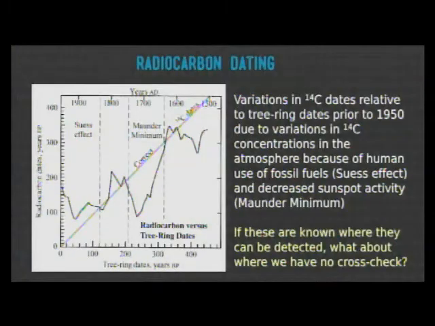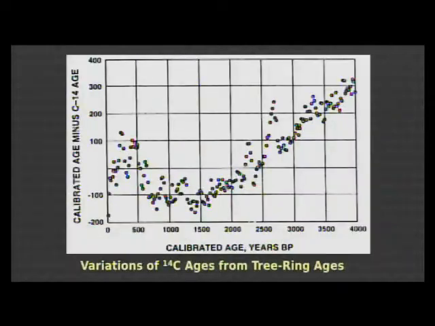Now, this begs the question, if these effects are known, where they can be detected, what about where they cannot be detected, where we don't have any cross-checks? Again, it begs the question as to how reliable radiocarbon ages are. In fact, when we calibrate radiocarbon against tree rings, we find that radiocarbon becomes more and more out of sync the further you go back in time.